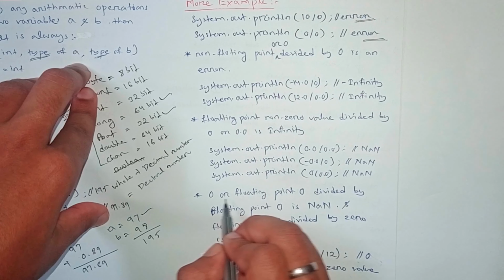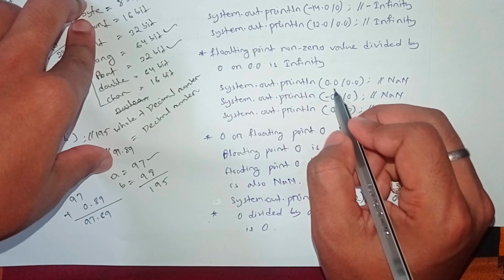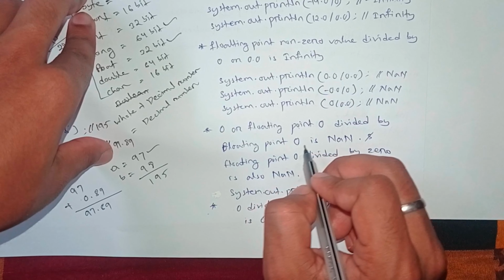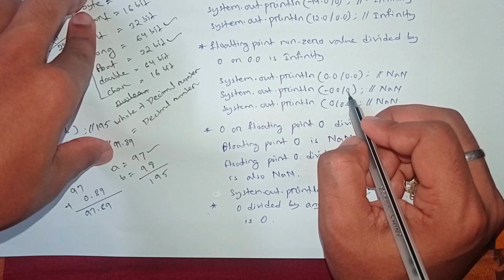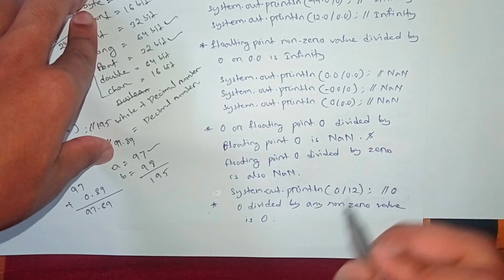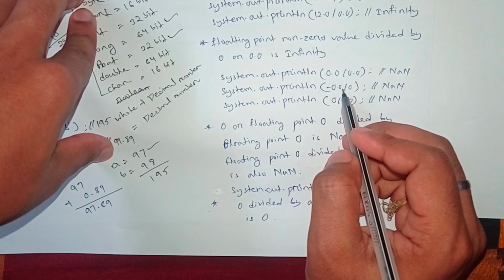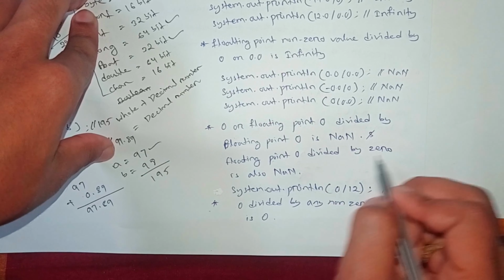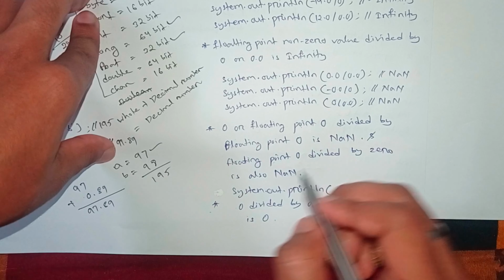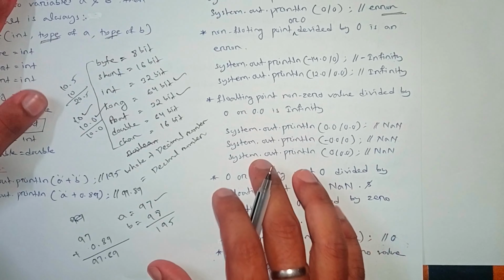Because 0 or floating point 0 divided by floating point 0 is NaN, and floating point 0 divided by 0 is also NaN. These are some rules.